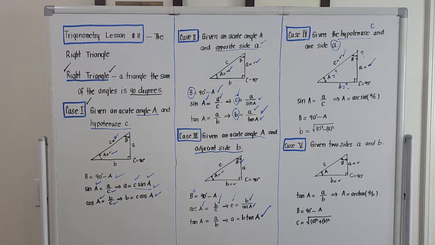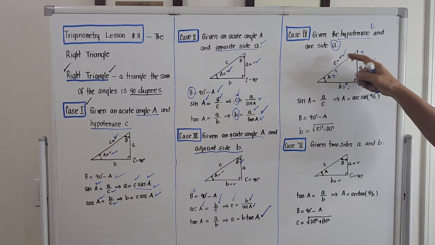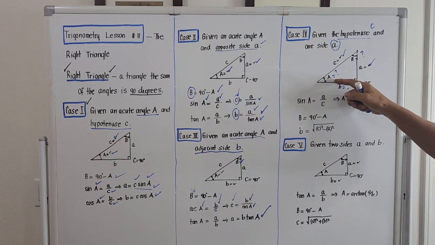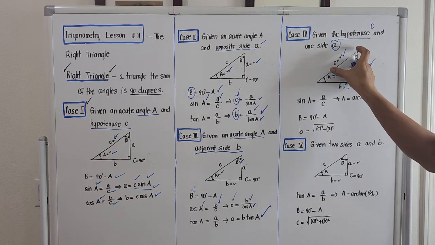Let's compute for angle A. The relation of A and C, considering angle A, will be sine, right? The sine of this angle will be A over its hypotenuse.